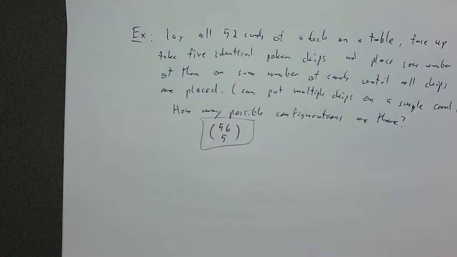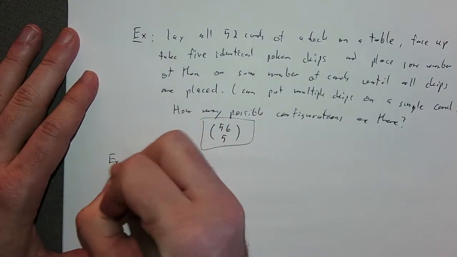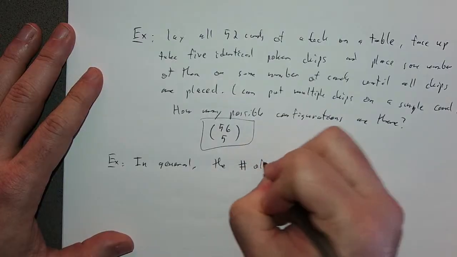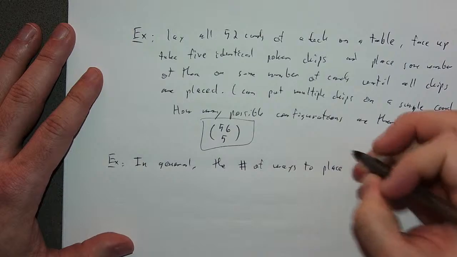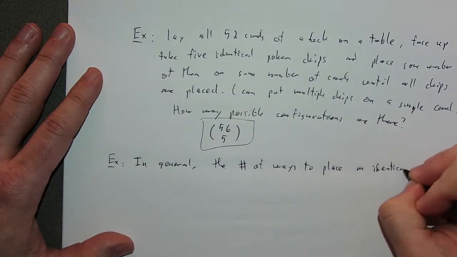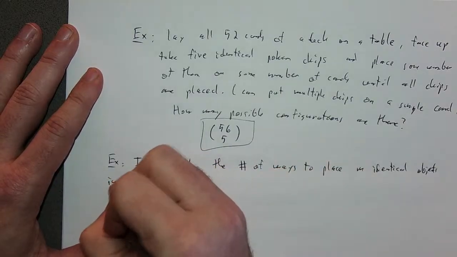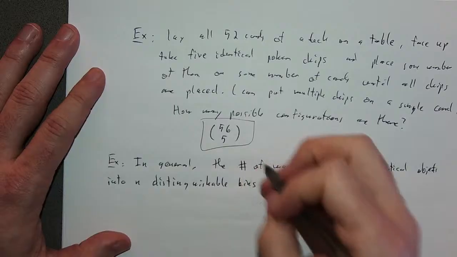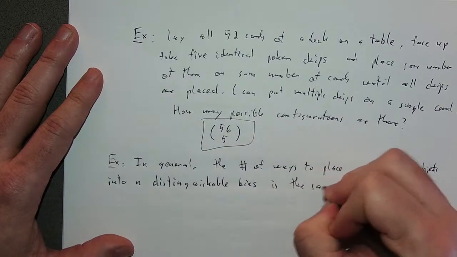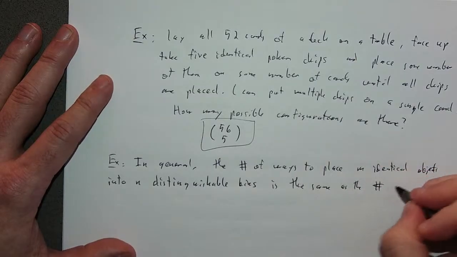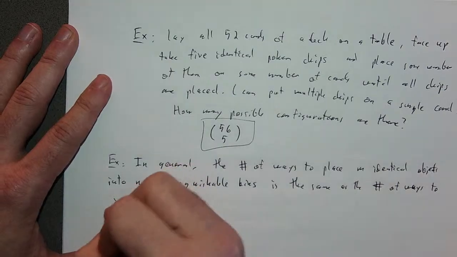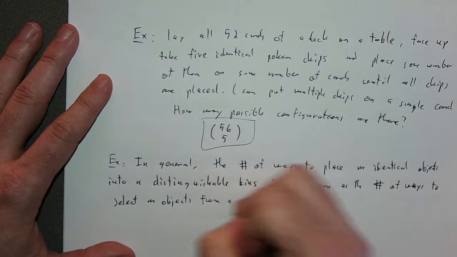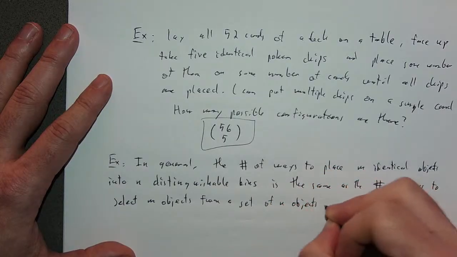In fact, in general, the number of ways to place m identical objects into n distinguishable bins is the same as the number of ways to select m objects from a set of n objects with repetition allowed.